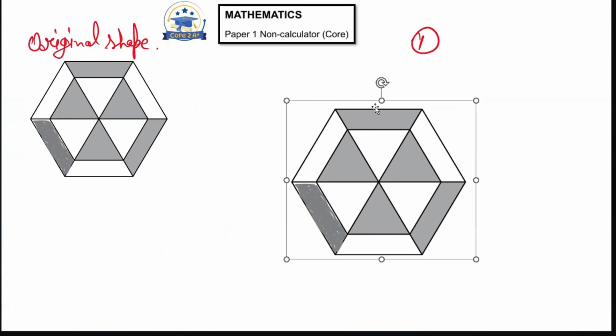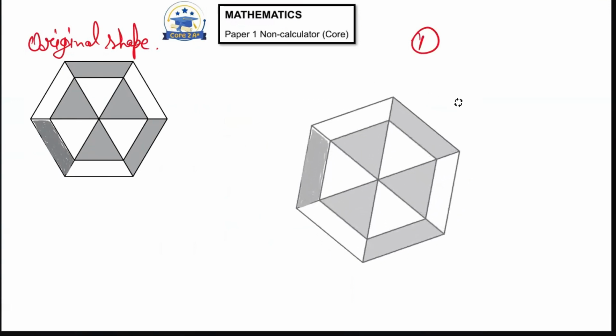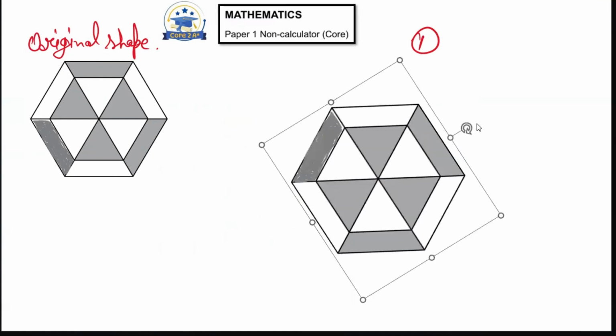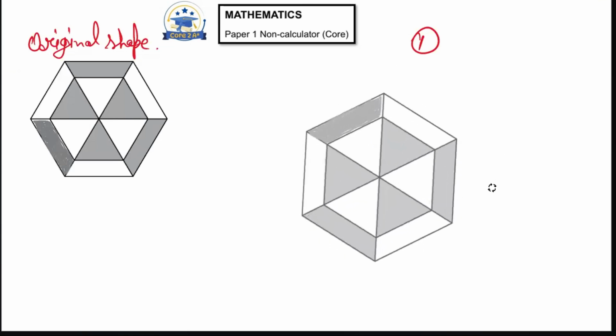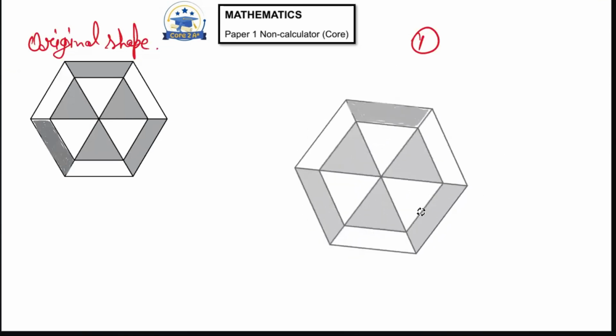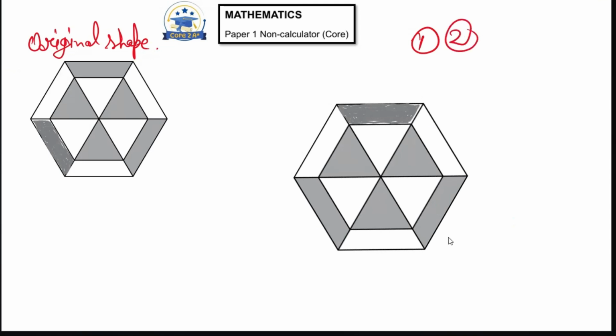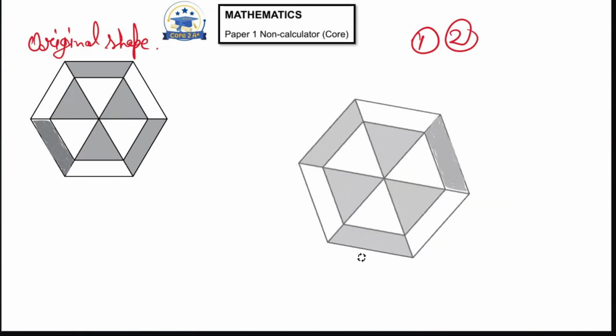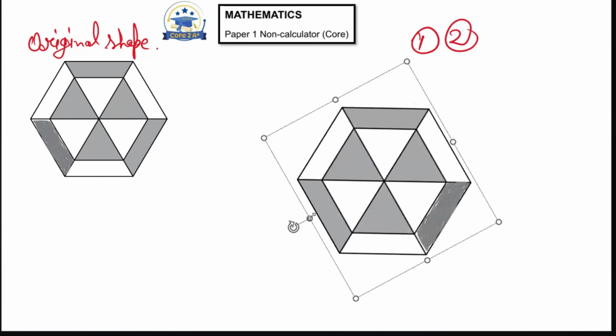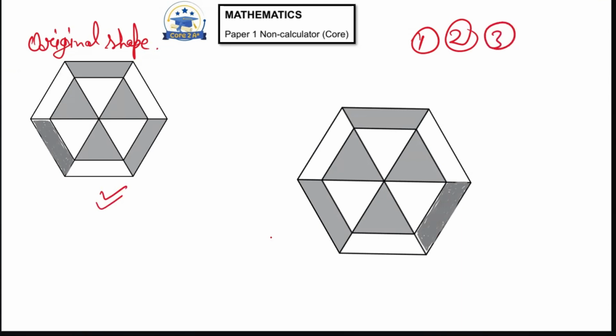Now I'm going to rotate it. Is it the same as the original shape? No. Now, yes, that is 2. Now I'm going to rotate one more time. You can compare with the original shape, and this is the 3rd time.